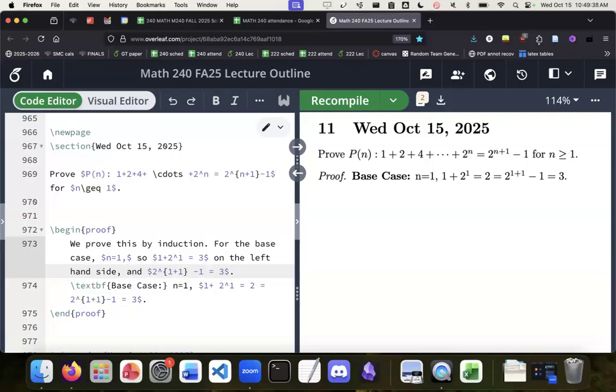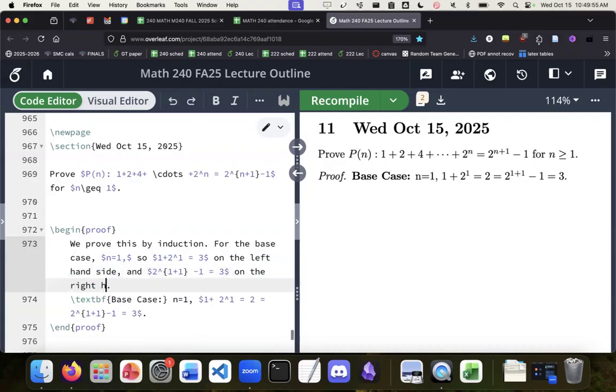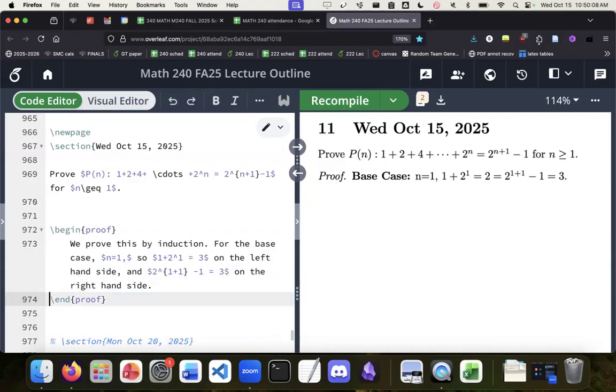I've said left-hand side for the left-hand side, and so I probably also want to say right-hand side. And that's the way that I've spelled out this concise equation.